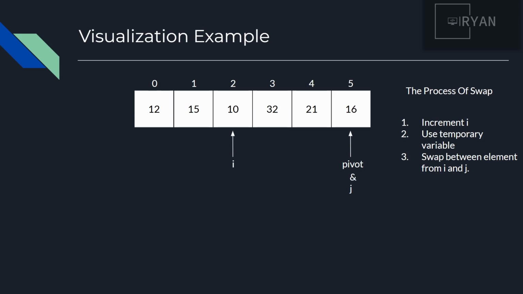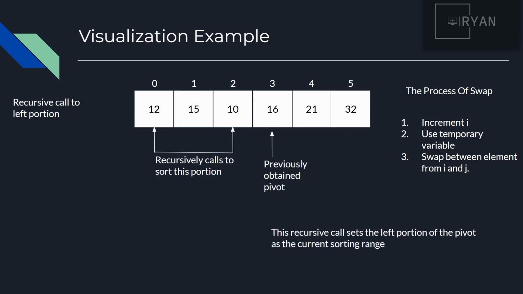Here, pivot and J are pointing at the same index, meaning that the element at J is equal to the element at pivot. Therefore, it satisfies our condition to swap. I will be incremented. A swap will take place. There we go. We have reached the end.